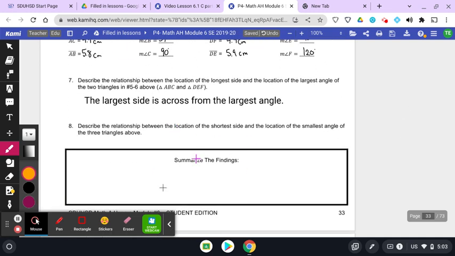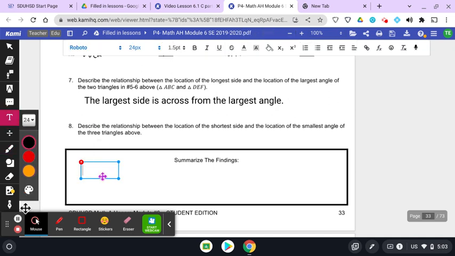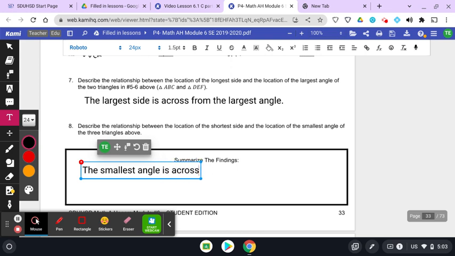Describe the location between. So summarize your findings. The smallest angle is across from the smallest side, shortest side. Okay, I'm going to control copy and just switch a couple words.